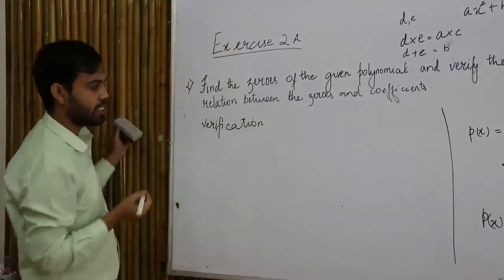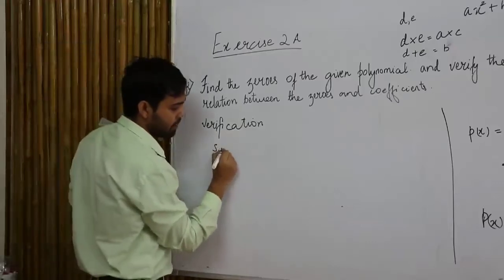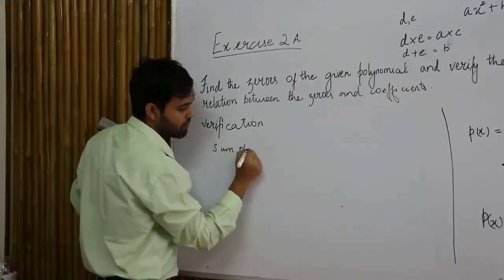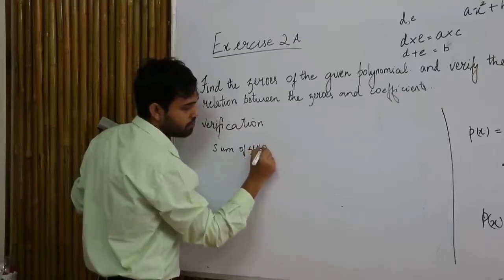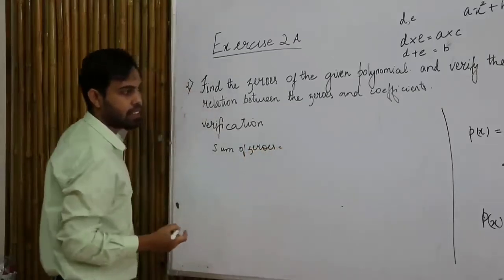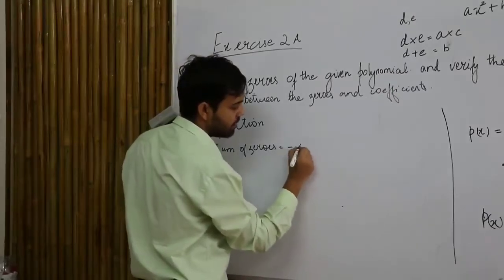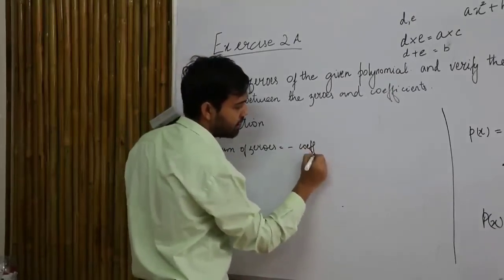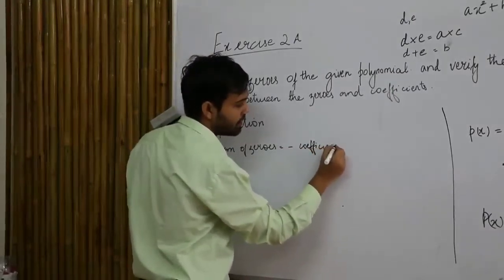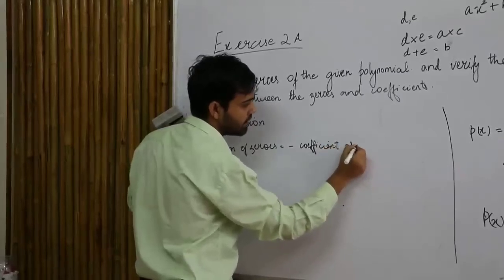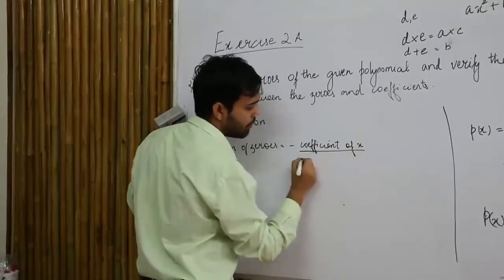So I had two relations, right? I had sum of the zeros equal to minus coefficient of x by coefficient of x squared.